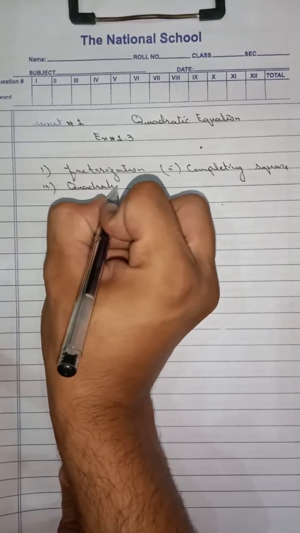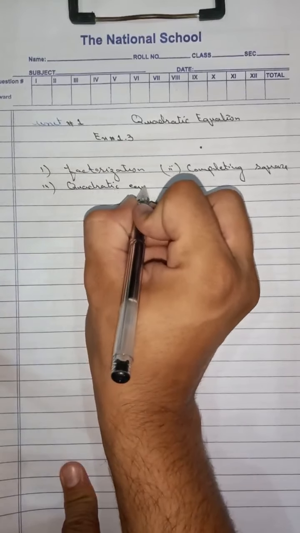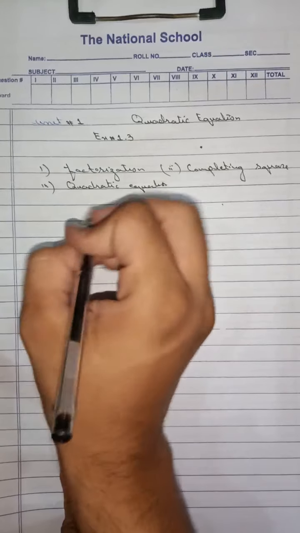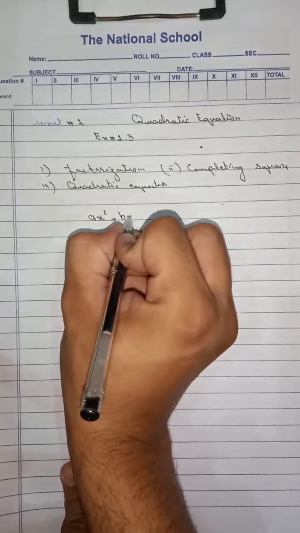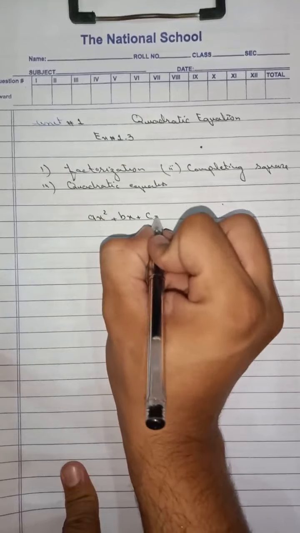They were the three methods to solve a quadratic equation, and also the standard form of the quadratic equation ax square plus bx plus c is equal to 0.